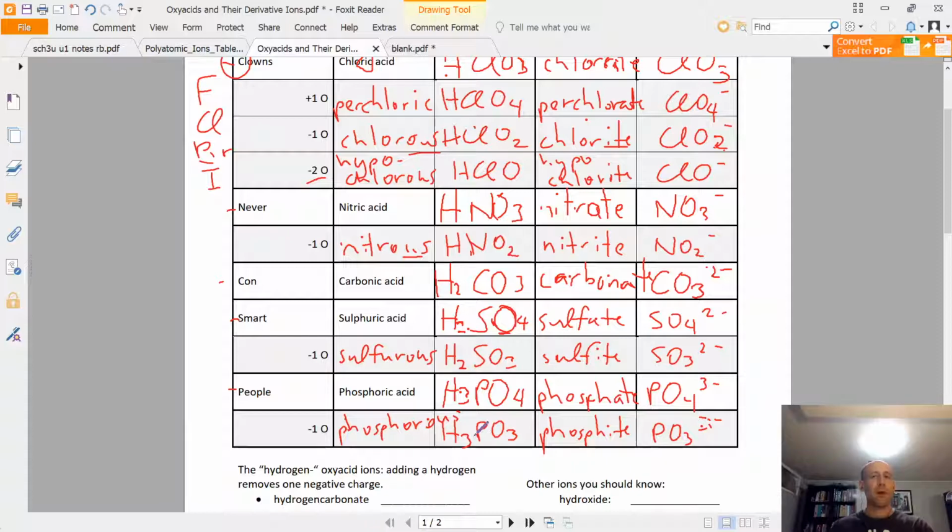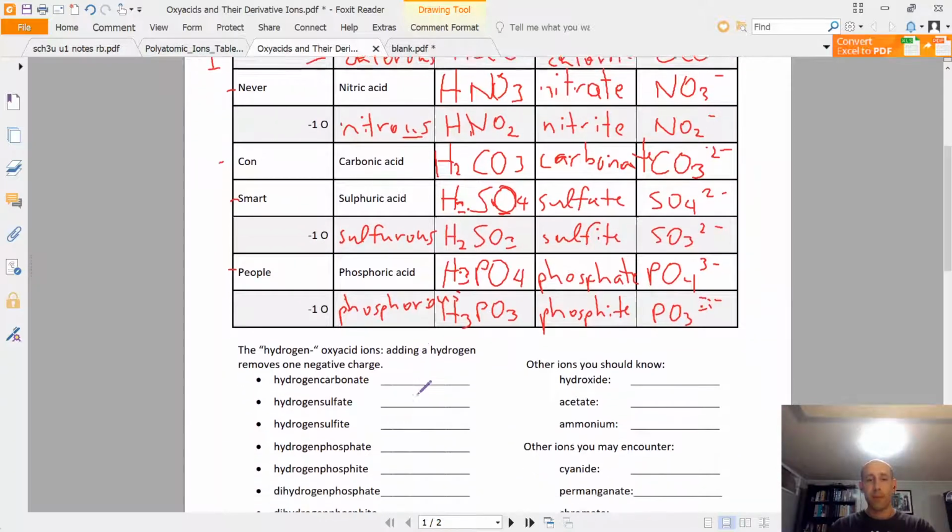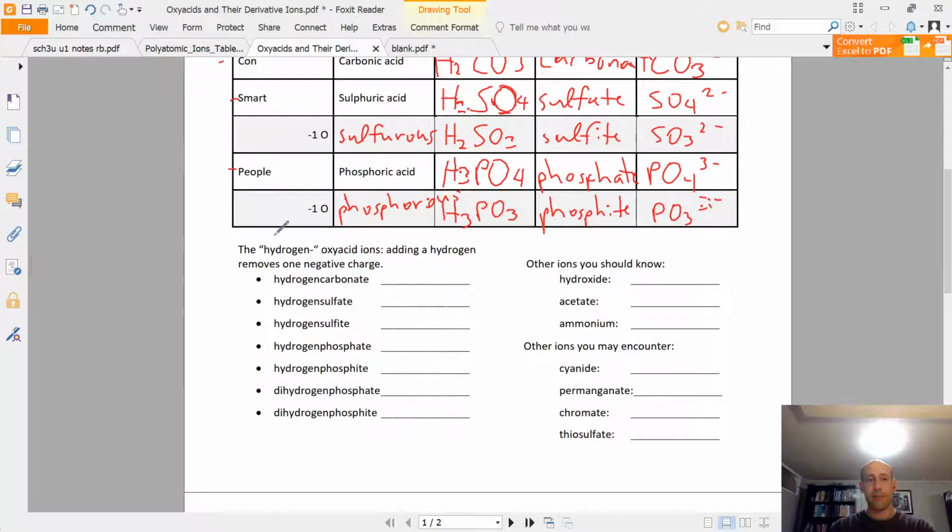Why do they have to lose all of them? They don't have to lose all of them, right? So here we've made them lose all their hydrogens, so they have 2 negative charges and 3 negative charges. But what if they only lost one of their hydrogens? Or for phosphorus or phosphoric acid, they could lose 1 or even 2 of their hydrogens. Well, for that, we've got this part of the table down here.